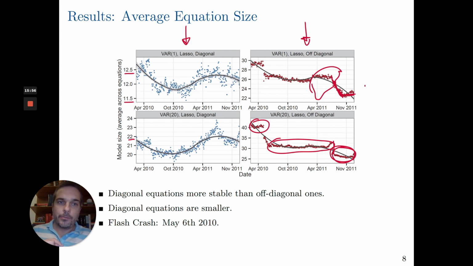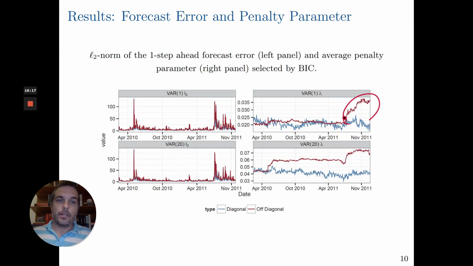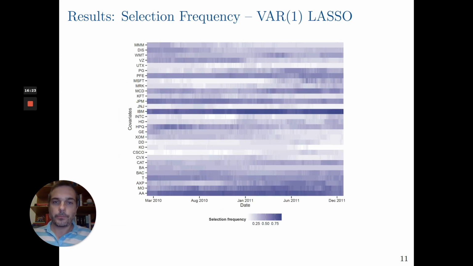Why is that? Because lambda is growing. We are including more penalty in the model. We are going to learn during the course how to select that lambda. It's a data-driven procedure. We let the data speak about which is the best lambda. And it changes a bit at the end of the sample, as shown in the slide, okay?